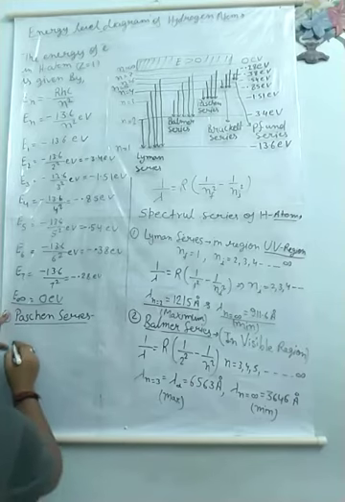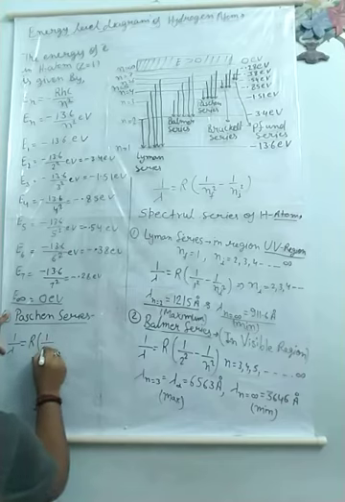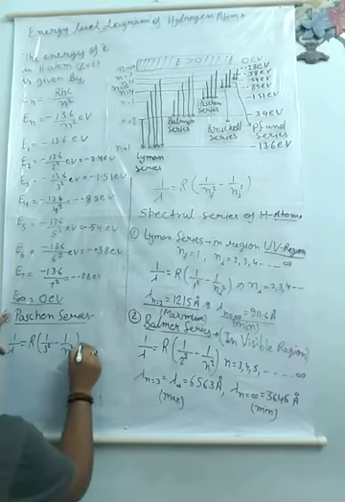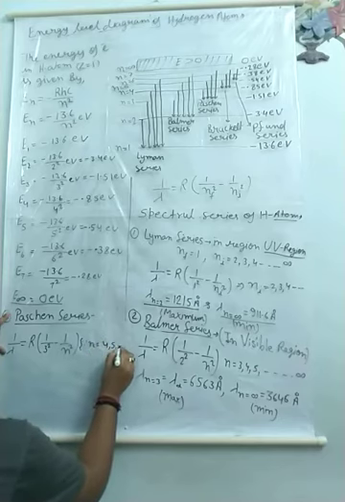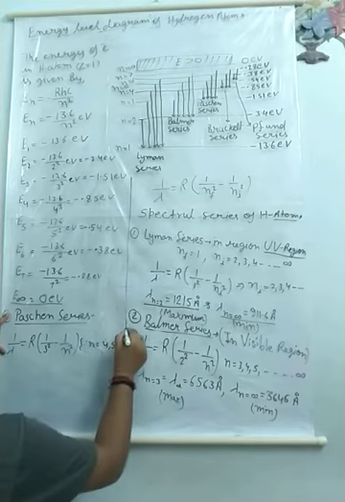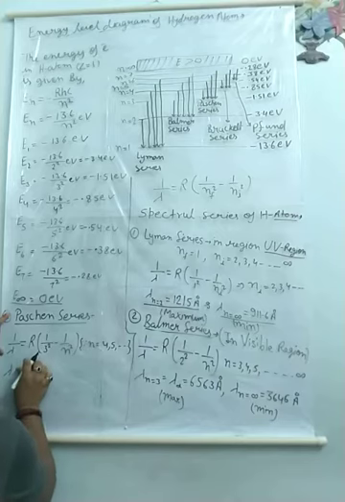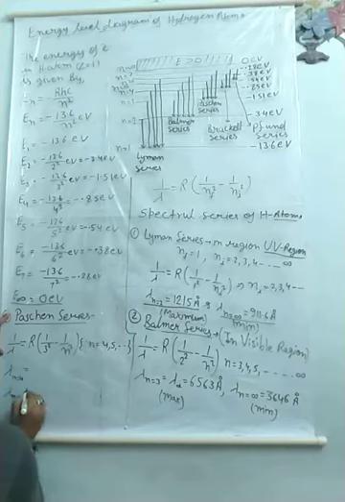Okay, the wavelength is given by lambda equal to R times 1 upon 3 square minus 1 upon n square, where n is 4, 5 and so on to infinity. So lambda for n equal to 4, and lambda for n equal to infinity.